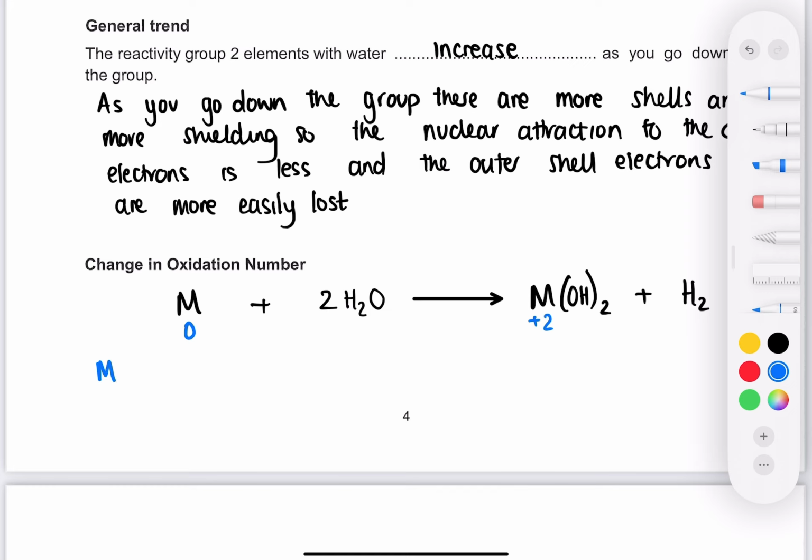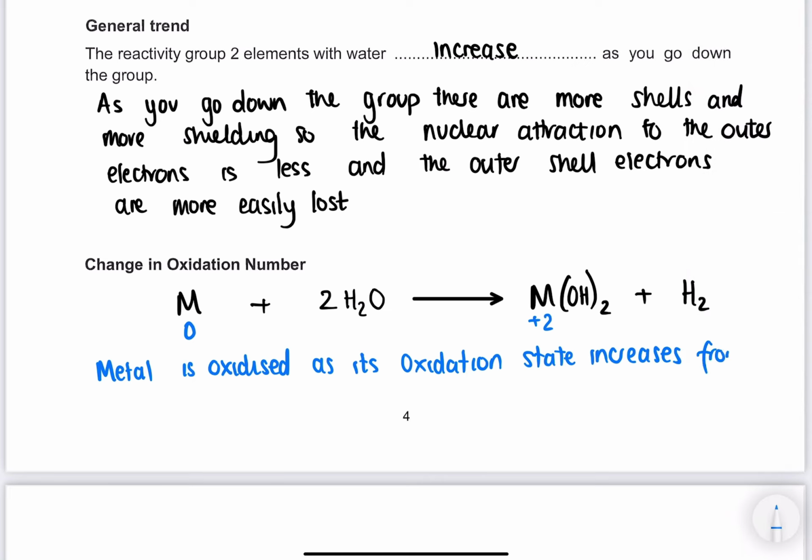So the metal is oxidized as its oxidation state increases from 0 to +2.